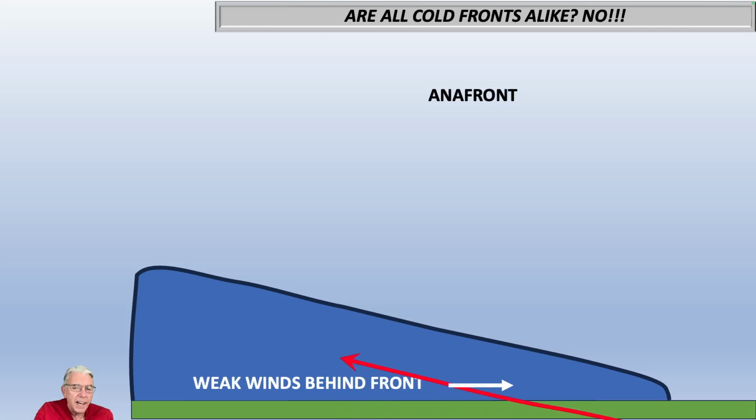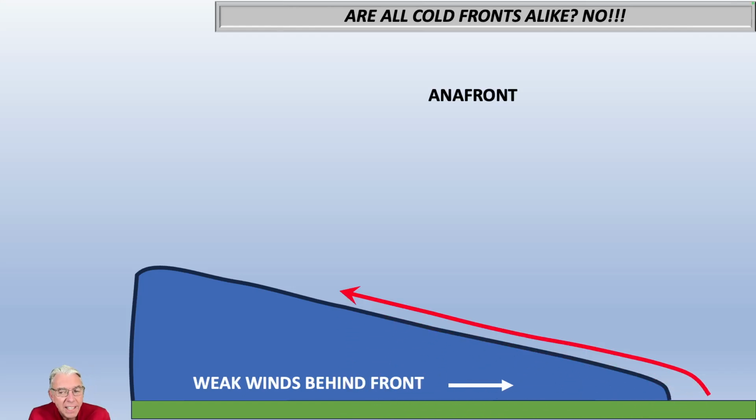And so this allows the warmer air ahead of the front to not only rise at the interface, the leading edge, but also rise back up and over that cold dome and act like a warm front, if you will. And so in this kind of a situation, you can end up getting steady precipitation, either rain or snow, depending on your overall temperature profile, well behind the front.